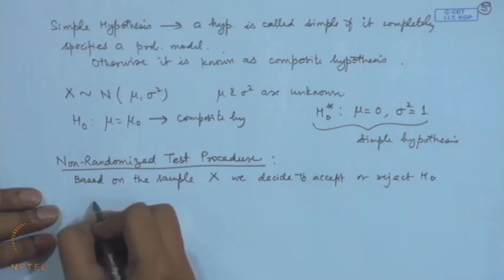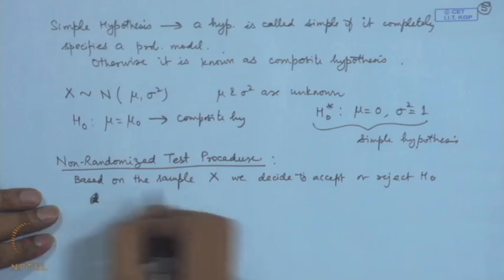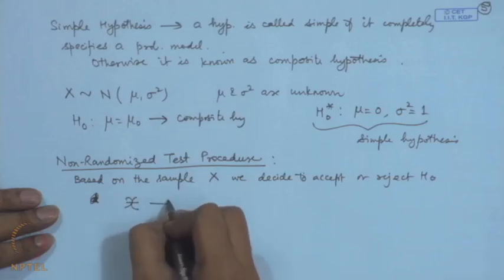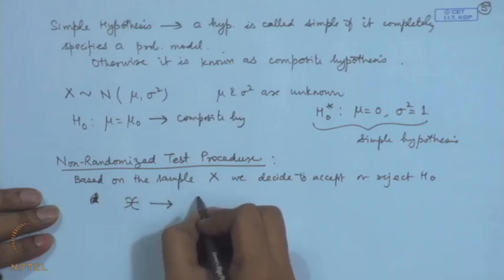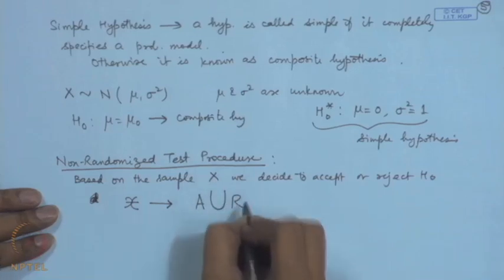For example, you may assign a function, say d of x. Basically, if we have the sample space x, it is subdivided into two regions. One is called the acceptance region and another is called the rejection region.